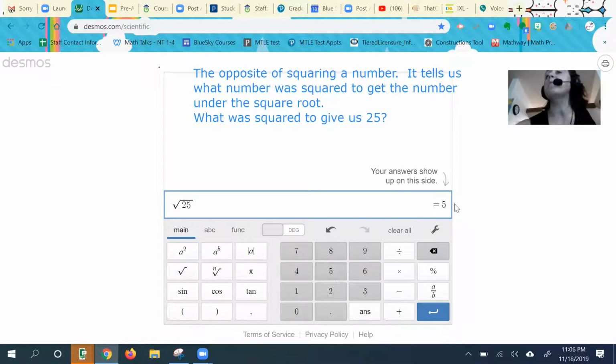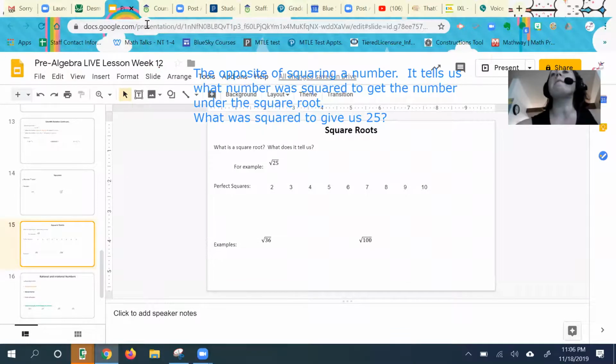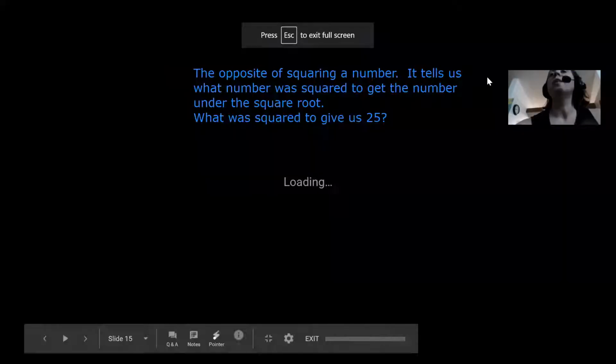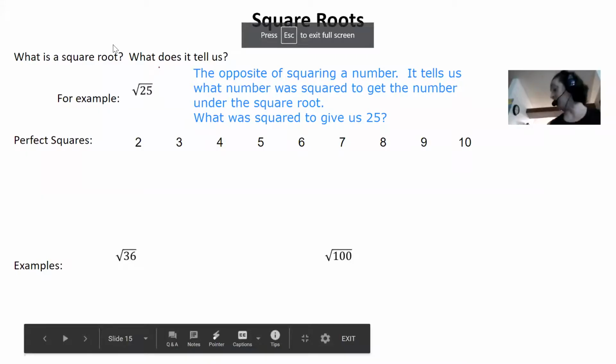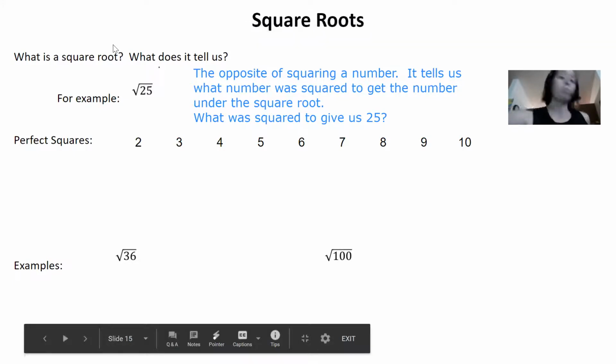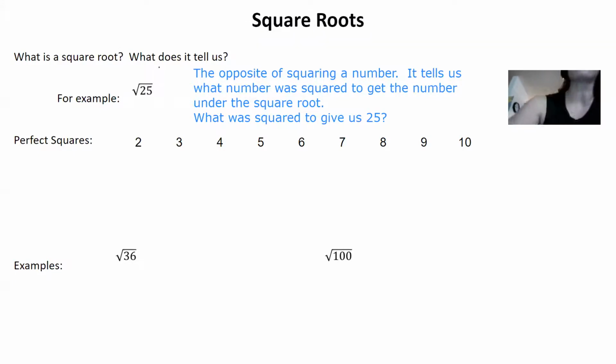And it shows up, it says 5. So 5 is what was squared to give us 25. So that means the square root of 25 is 5. Technically, it could be a positive or a negative 5, because negative 5 times negative 5 is 25, and 5 times 5 is 25. We won't worry about that right now.